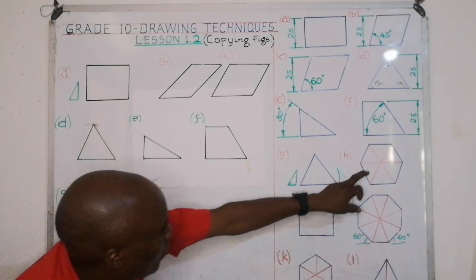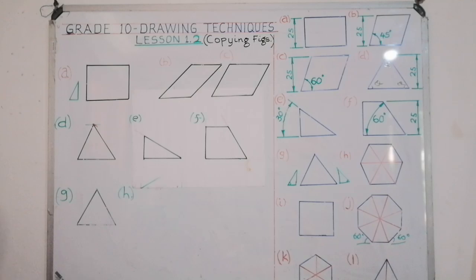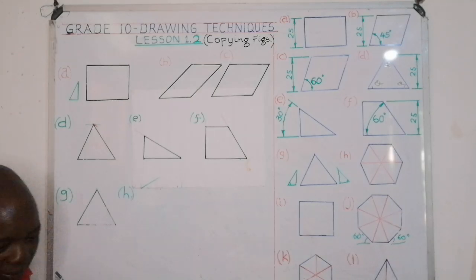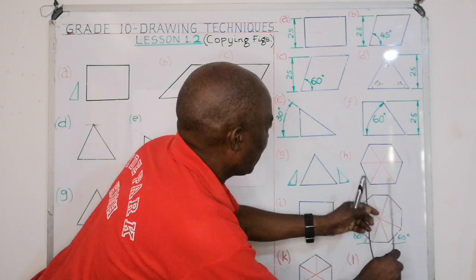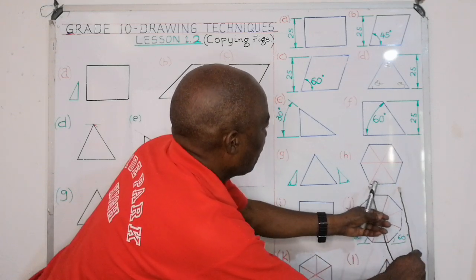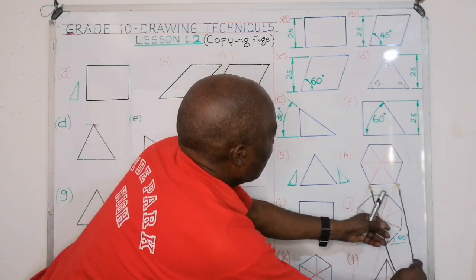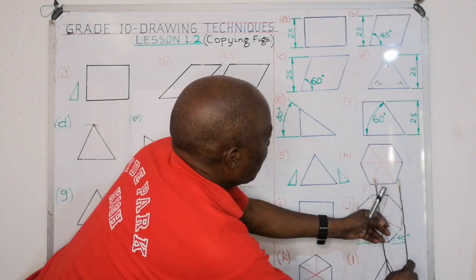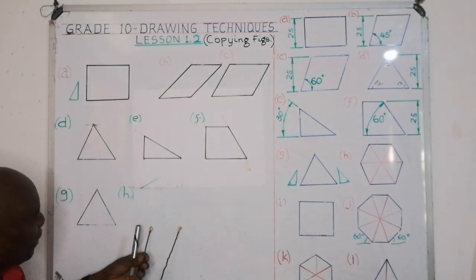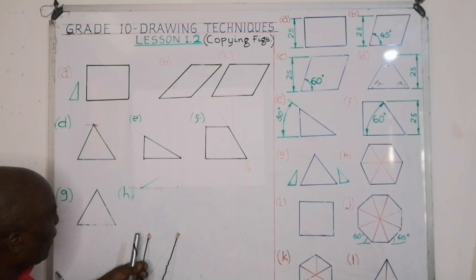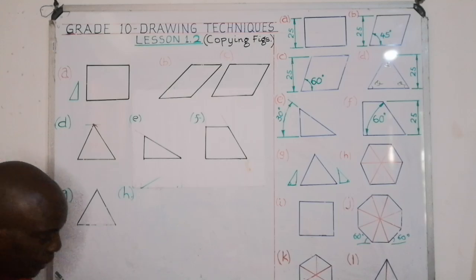So H is this one, not that one. Oh God. So it's this one. I was taking this one. It's this one here. Yeah, H, somewhere there. Right.